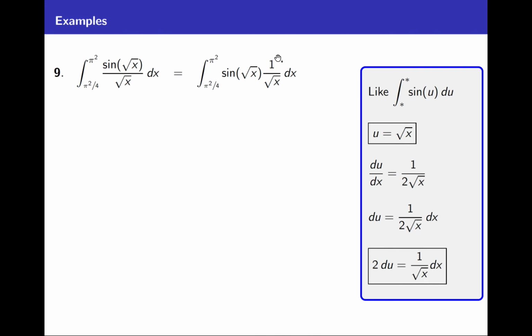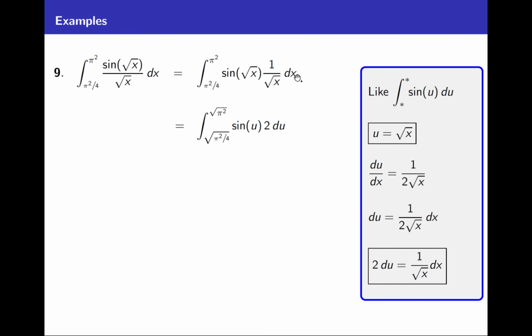So we could replace the 1 over root x dx with 2 du now. So applying these two boxed equations to what we have here, the sine of the square root of x turns into sine of u, and the 1 over square root of x dx turns into 2 du.